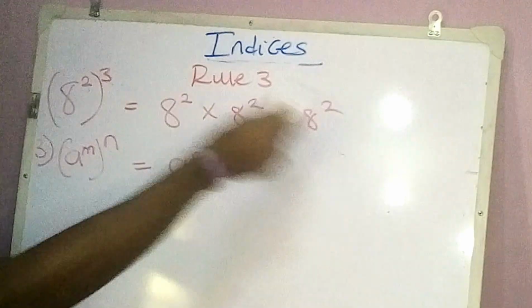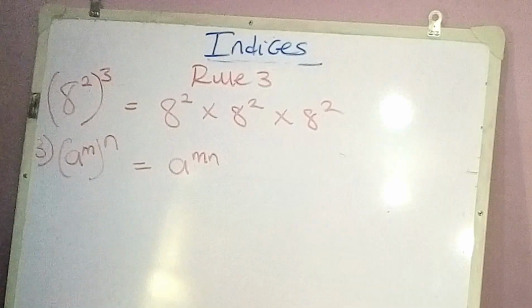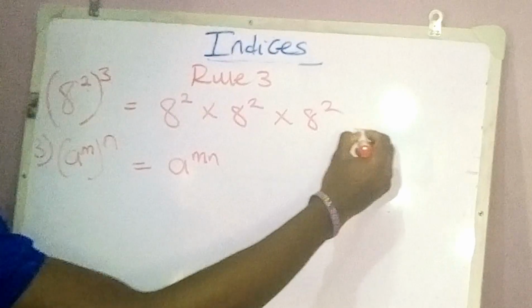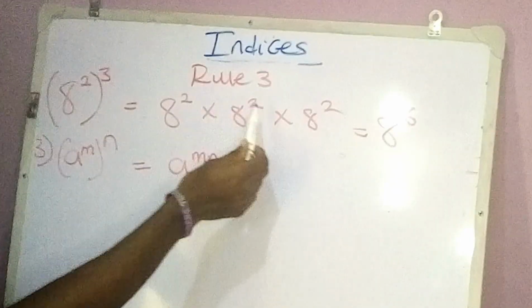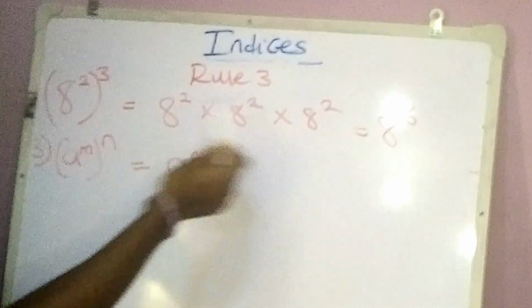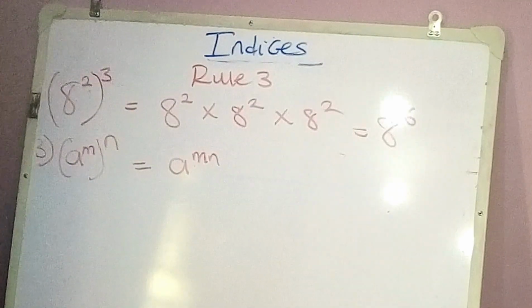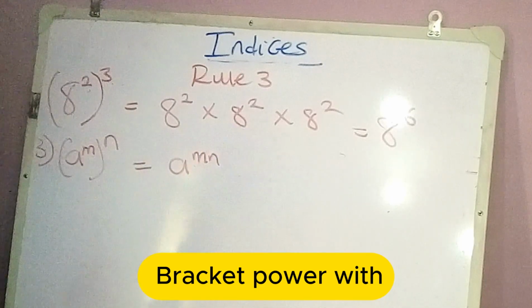So this case, you should be able to solve it, because instead of going through this long route, I will just say 8 to the power of 2 times 3, which is what? 6. And therefore, my final answer will be 8 raised to the power of 6. Although if you follow your multiplication rule, it can be 2 plus 2 plus 2. It will be what? 6. But if you follow it faster like this, you get this. And this is your bracket with power rule. Your bracket with power rule.